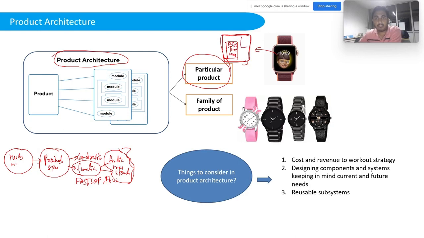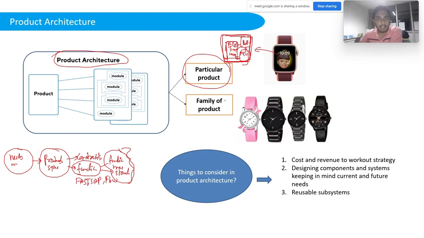Then there are batteries, okay? And there is some sort of microcontroller unit which will take care of various other functionalities. Okay, so this is how you decide the internal architecture of a product.